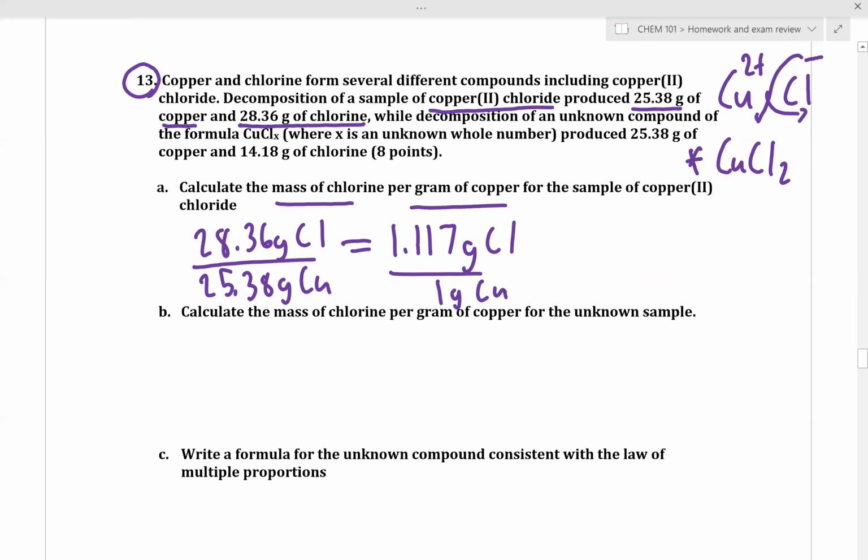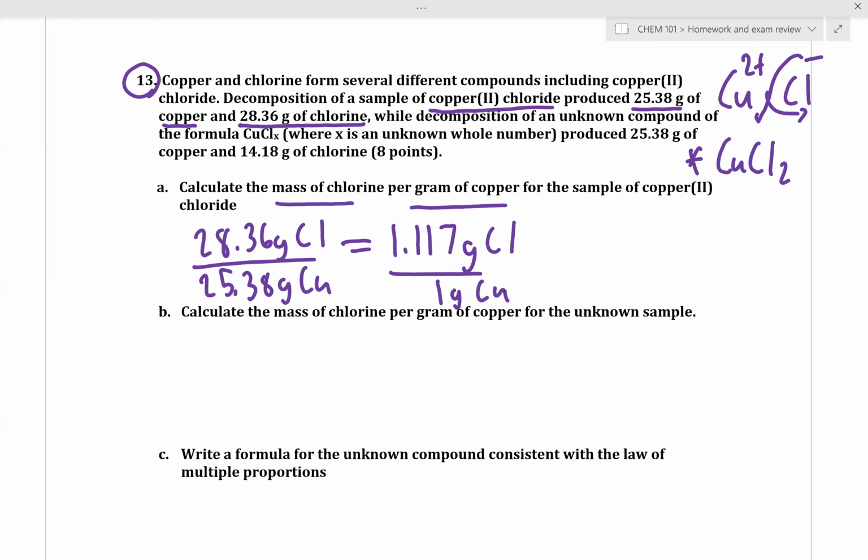So this is a mass-to-mass ratio. This is very useful in law of multiple proportions problems, and if you like solving these problems in a slightly different method, this mass-to-mass ratio is invaluable. I'm just getting you to think a little bit about the masses of each component element here to help us set up and see what is changing in this system.